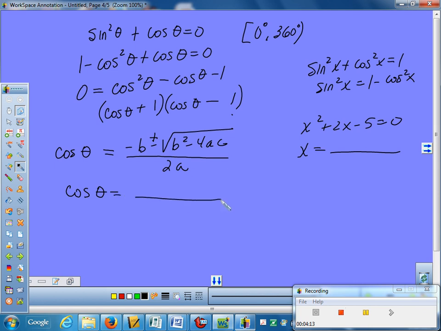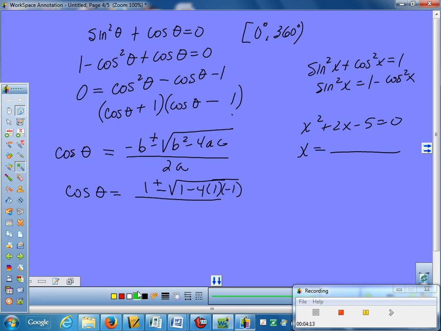But yes, first of all, we need to do the quadratic formula. So it's 1 plus or minus square root of 1 squared is 1. Minus, well, since that's a minus 1 up there, this negative b will be a plus 1. And then a is 1, and c is negative 1.